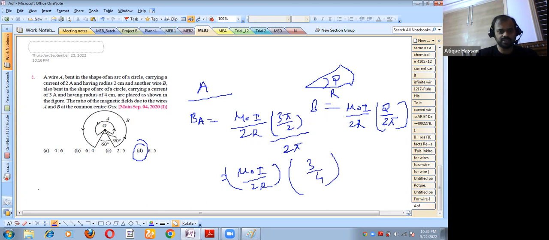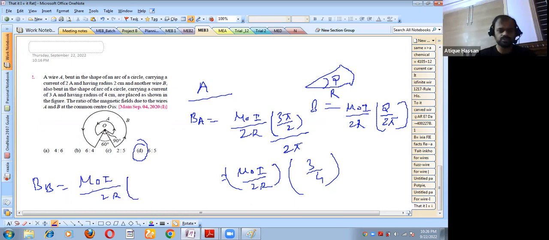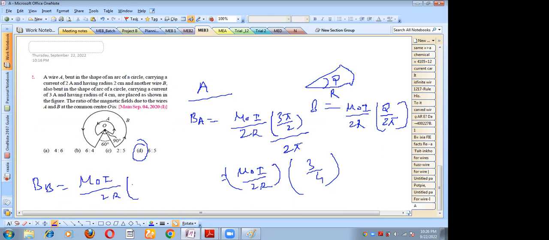Similarly, we will get the magnetic field due to section B. What will be that? Magnetic field due to wire B will be mu naught I by 2r. What is the angle here for wire B? It should be 300, right? Yes, 300, sir, which means 5 pi by 3.